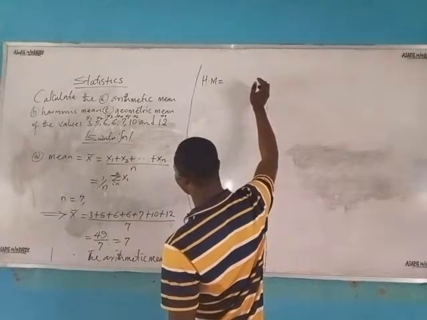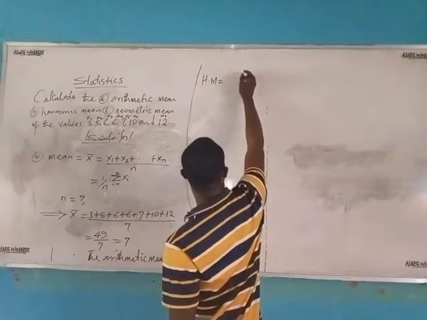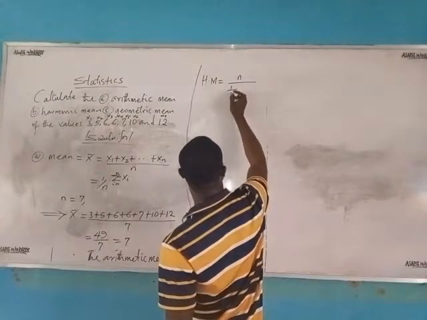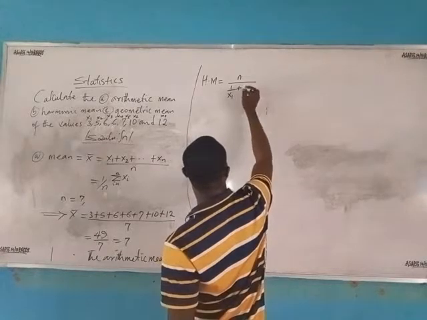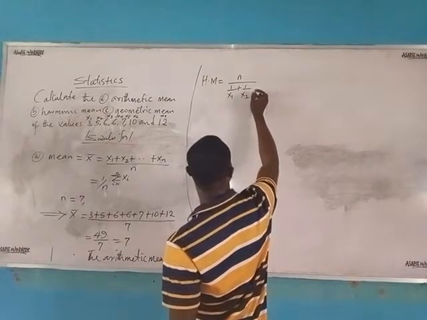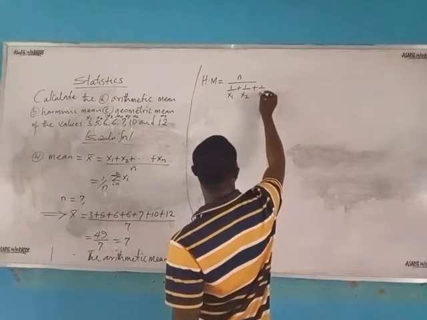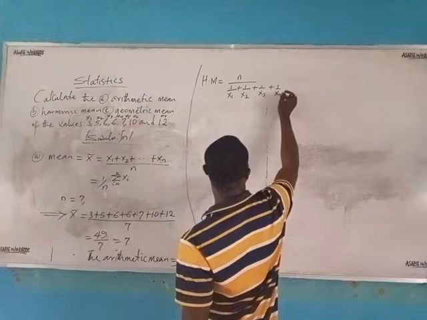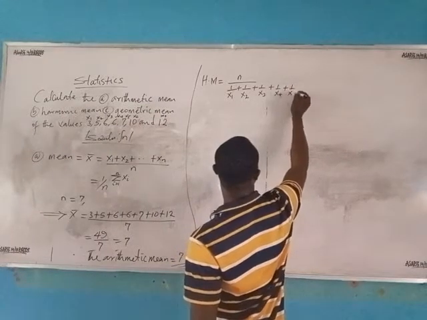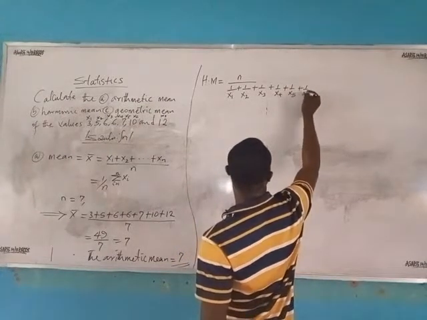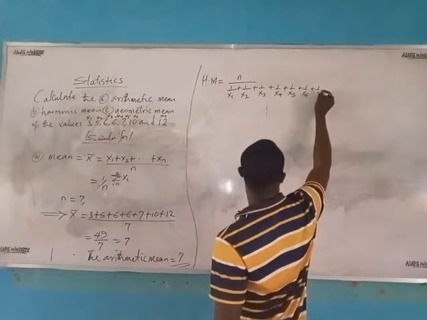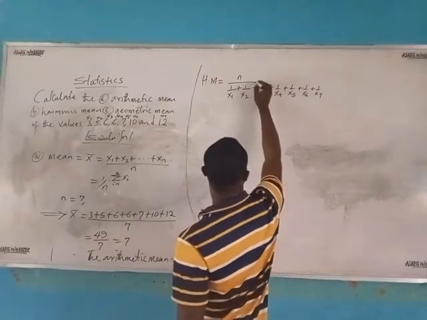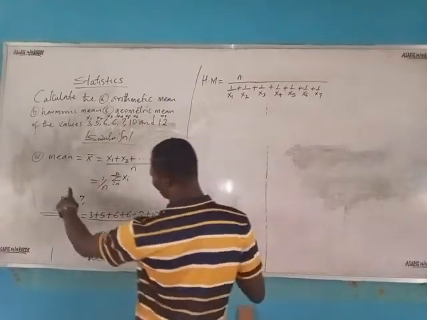arithmetic mean, which is now n all over 1 over x1 plus 1 over x2 plus 1 over x3 plus 1 over x4 plus 1 over x5 plus 1 over x6 plus 1 over x7. So we are stopping at 7 because our n is 7.